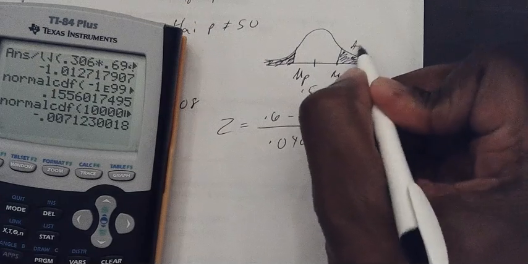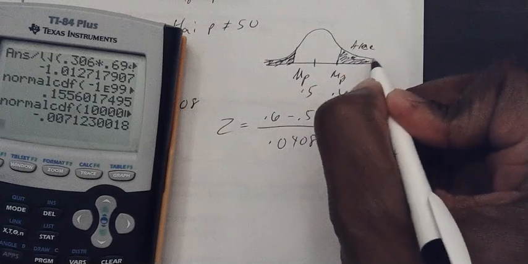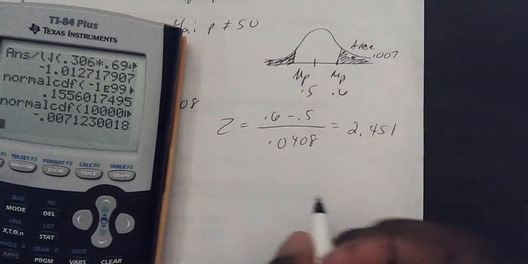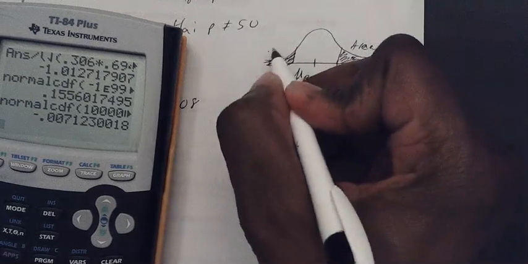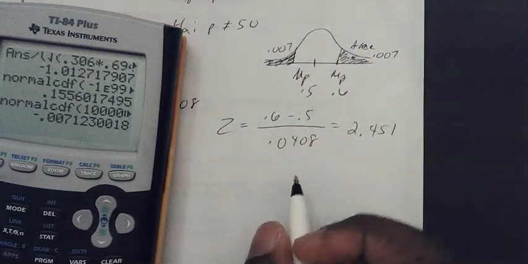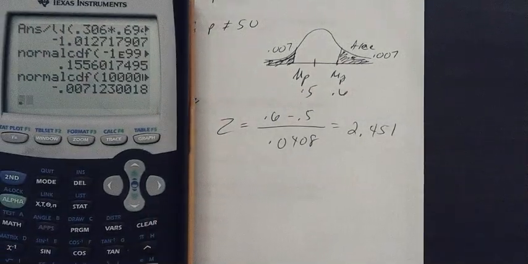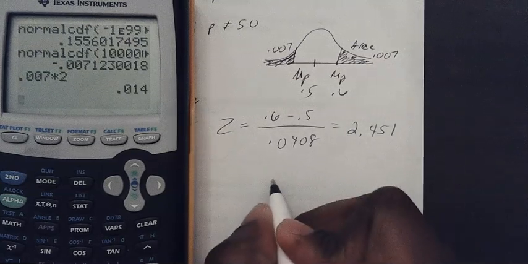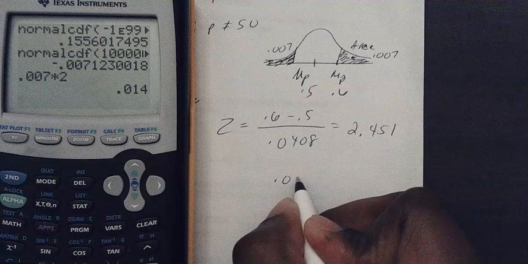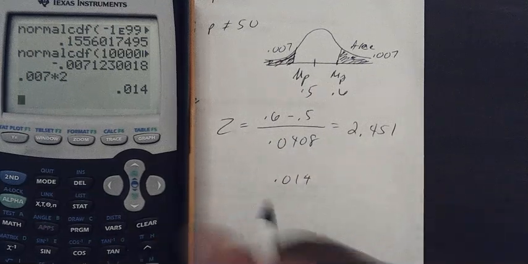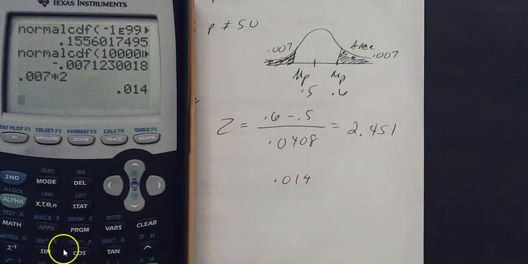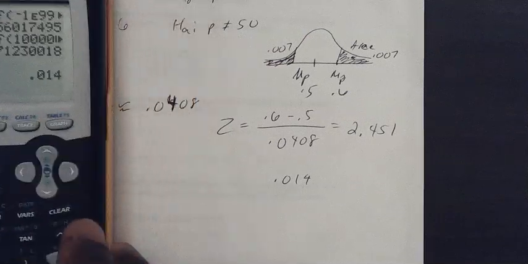So this area, our probability, is 0.007. And that means this other tail is also 0.007. If I double 0.007, that is 0.007 times 2, which is about 0.014. So that probability should be 0.014.